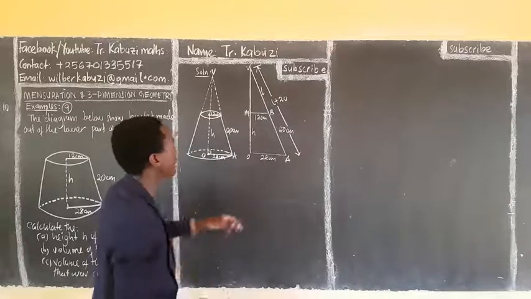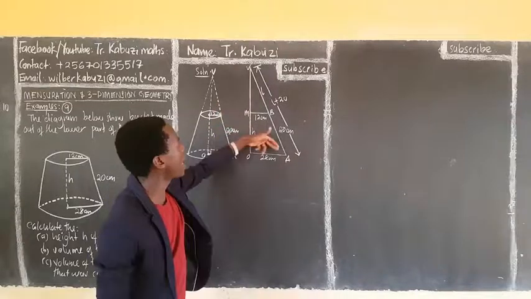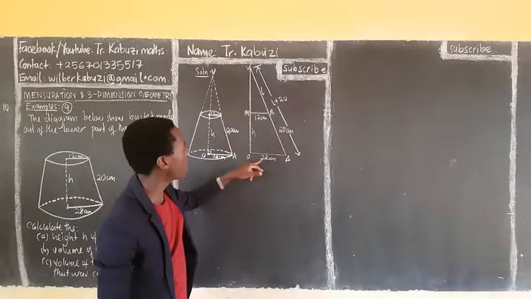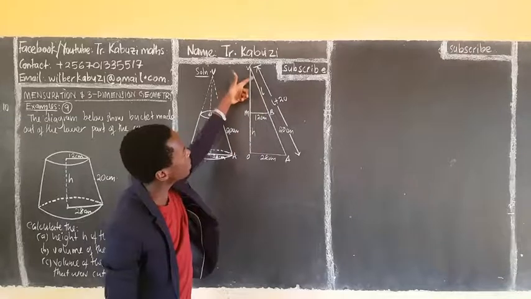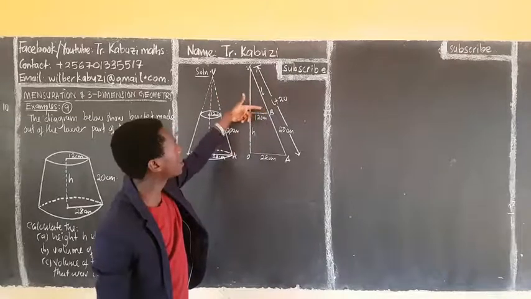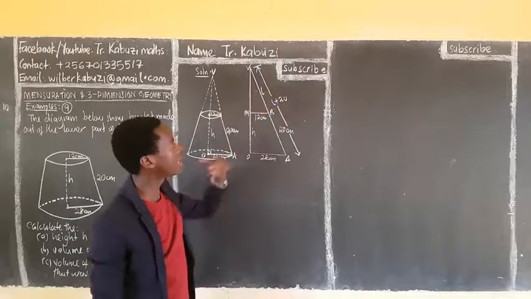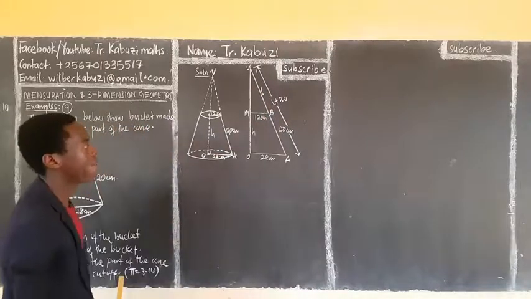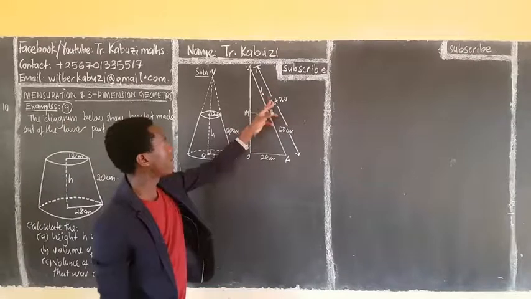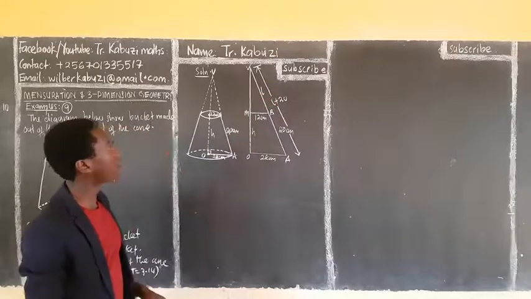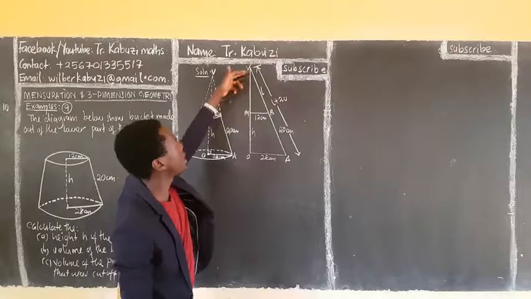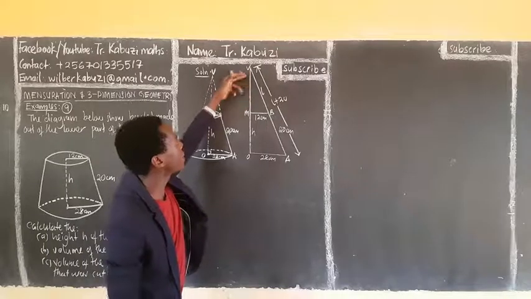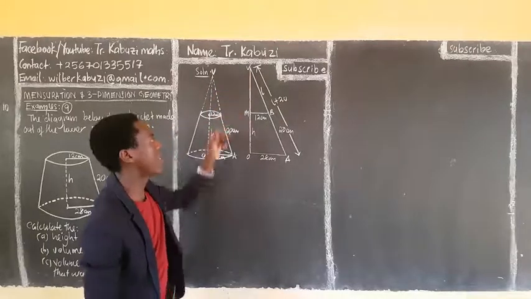In these two triangles, I have the radius, and I have the slanting side of the small triangle and the slanting side of the big triangle. What does it mean? It means that I can use similarity to get the value of L. If I get the value of L, I'll be able to get this height, and if I get this height, I'll be able to get the height I want.